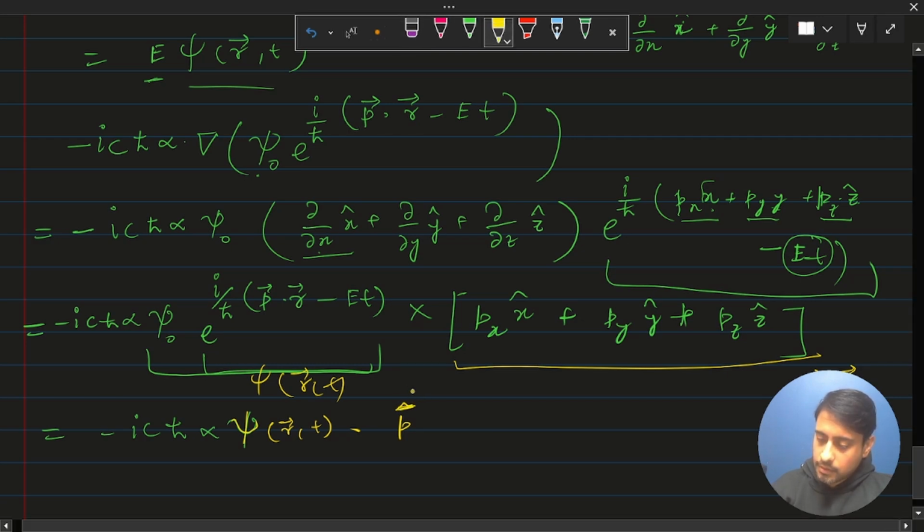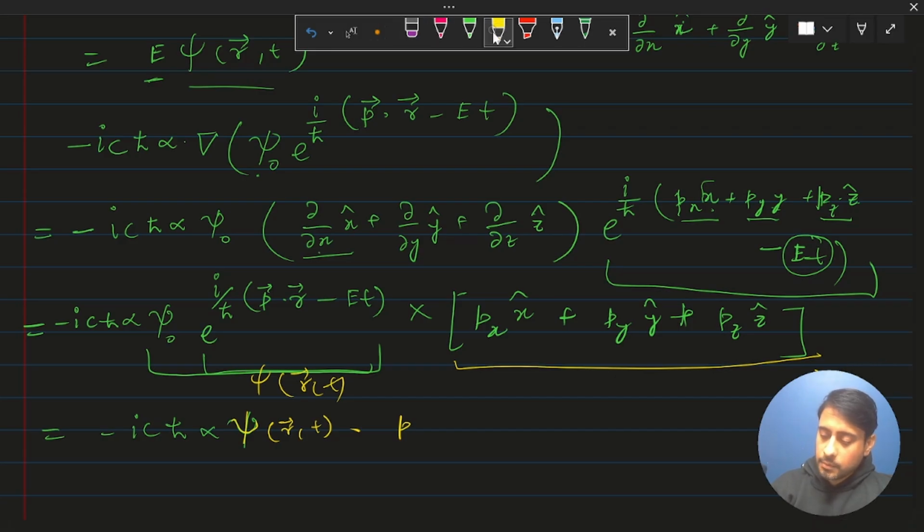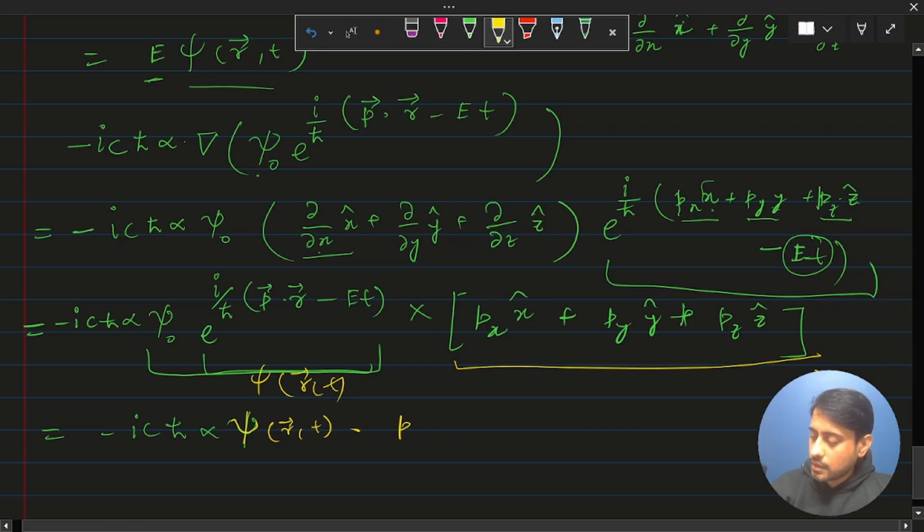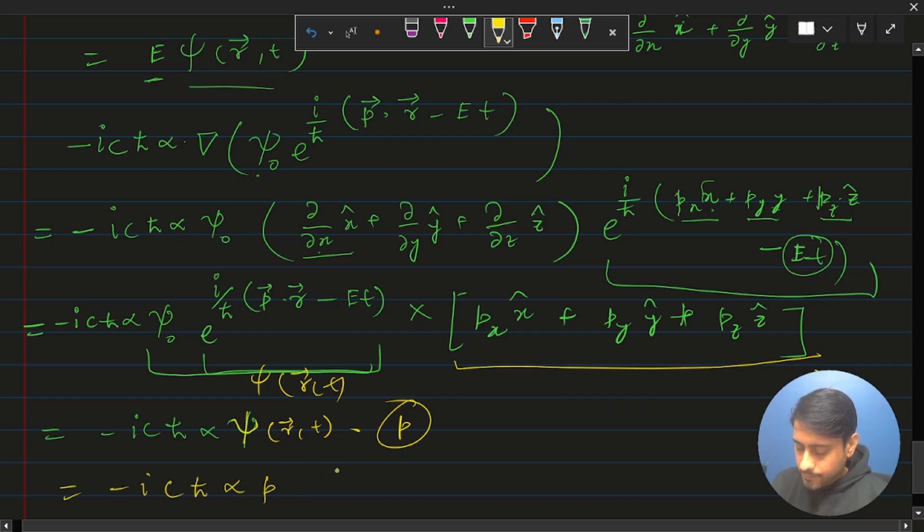So this should be removed. This is simply the p vector, not an operator. This will give you the eigenvalue p. So now we can write it as minus i iota c h bar alpha p into psi of r comma t.